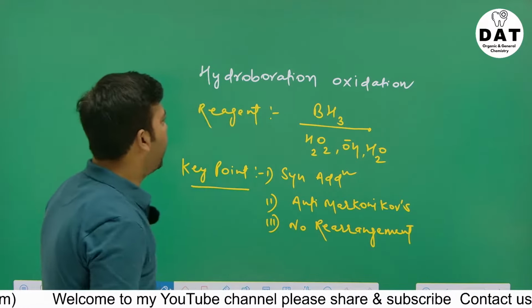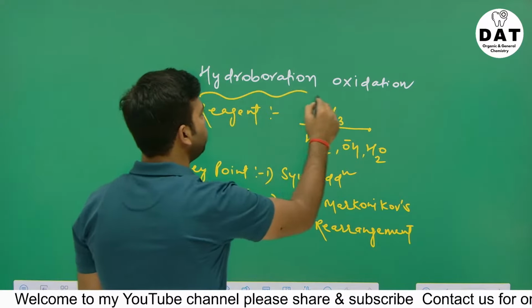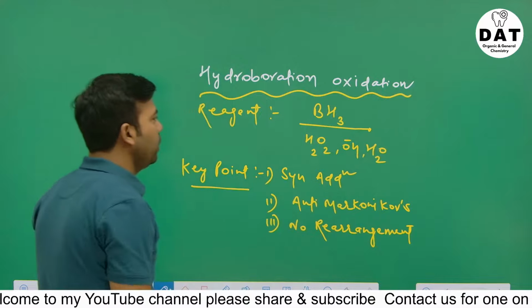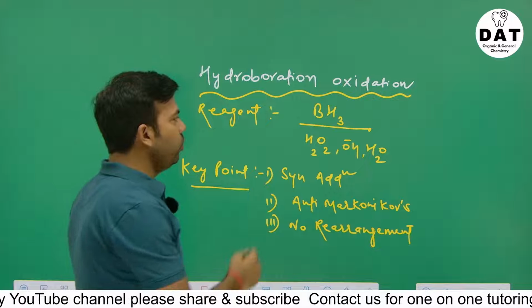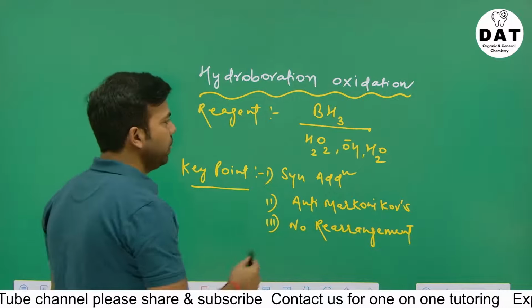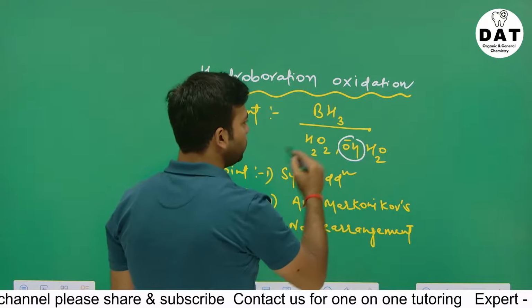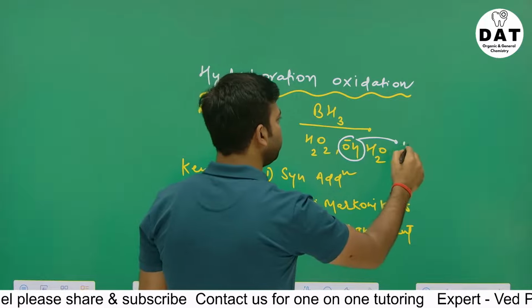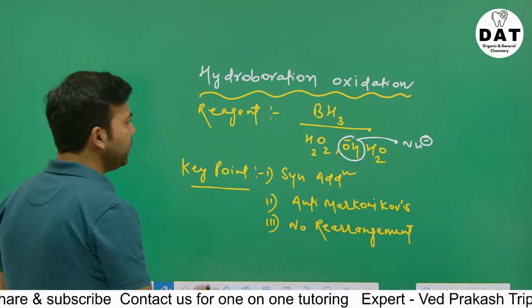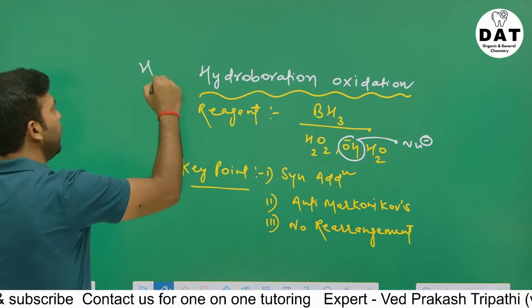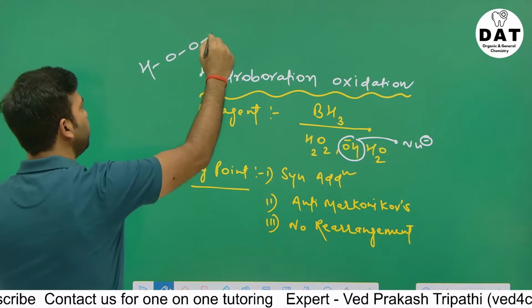Now the next is hydroboration oxidation. And the reagent is BH3, H2O2, OH ion and H2O. OH ion, so this is a nucleophile. Look here, H2O2 is structured like this. This is H2O2 bonding.